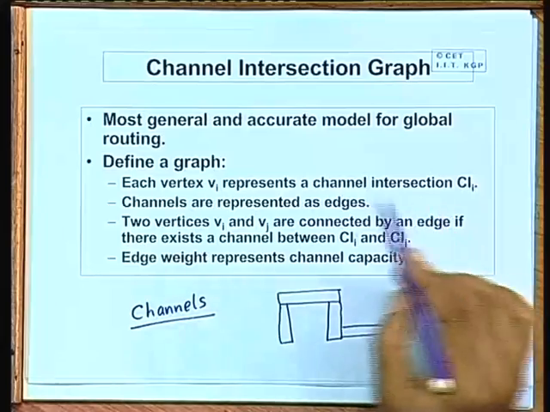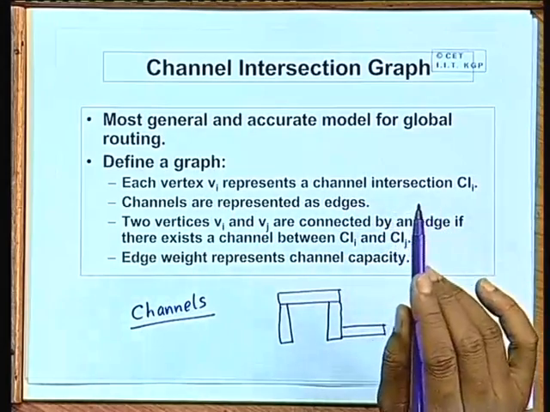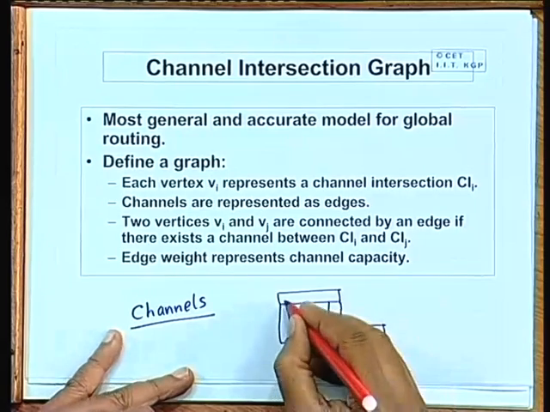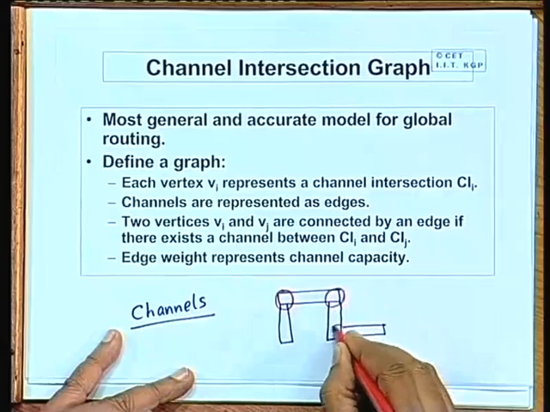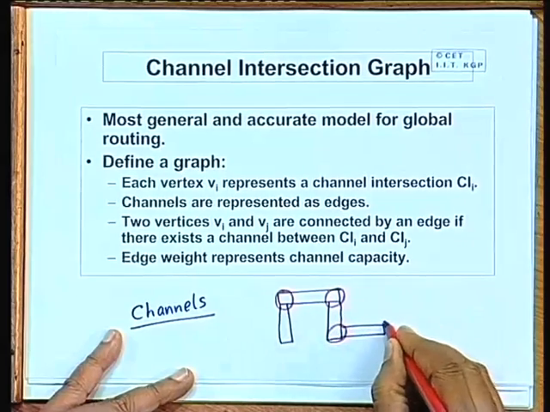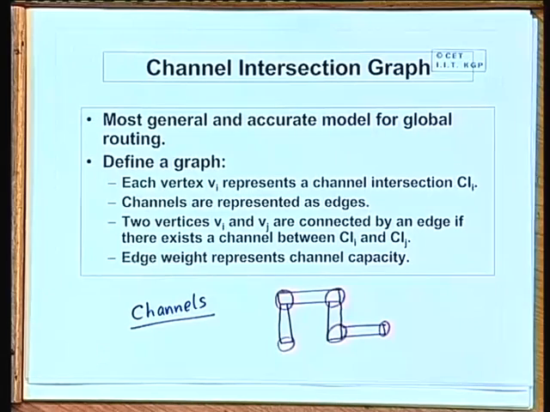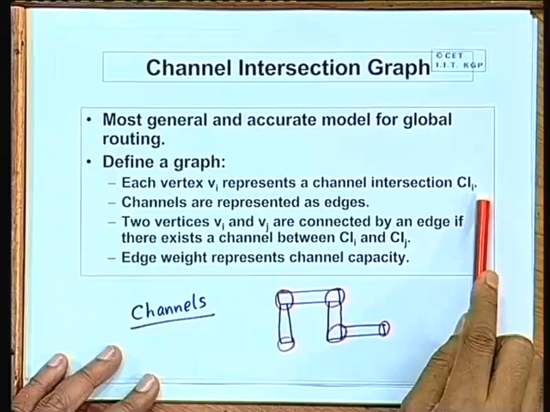Now, in the graph, the vertices will represent channel intersections, not the channels. Like in this example, this will represent a vertex, this will represent a vertex, and of course, these endpoints will represent vertices. So, the vertices represent the channel intersections.